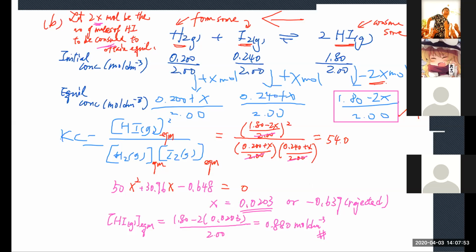For those who think you can tackle, please clap your hands. Let me know you can handle this. For those who still cannot handle, thumbs down.